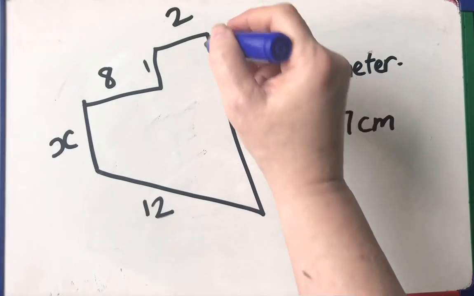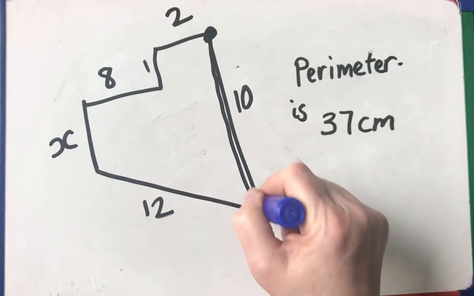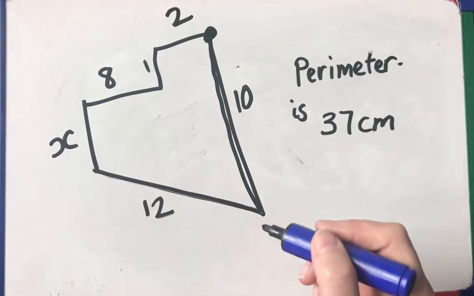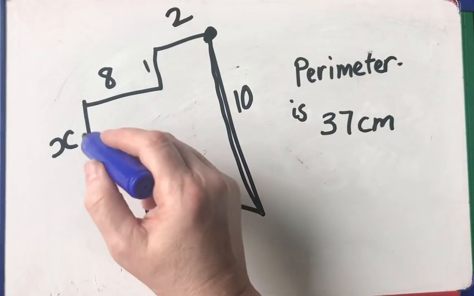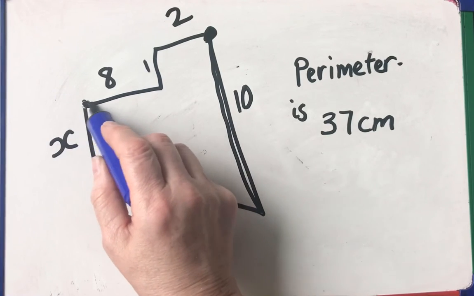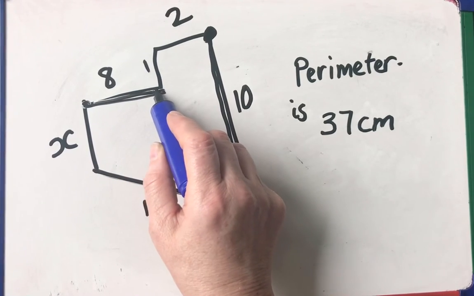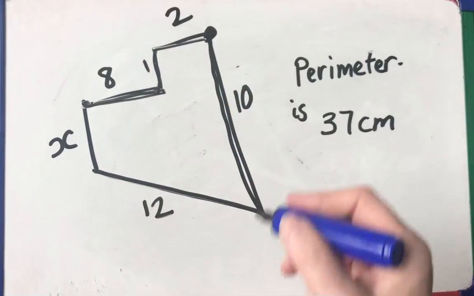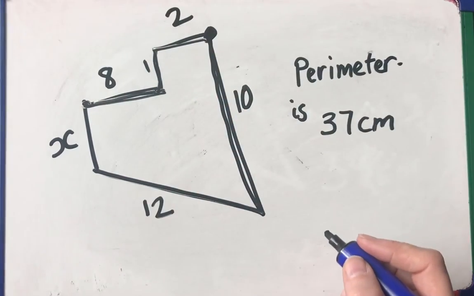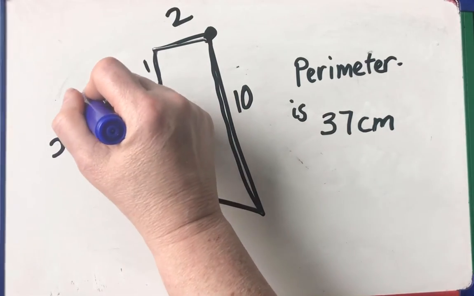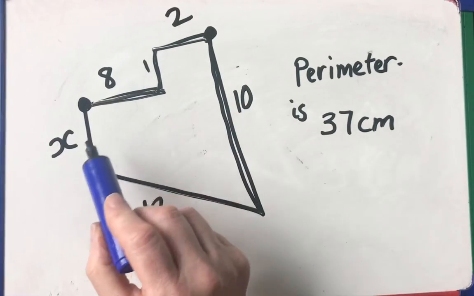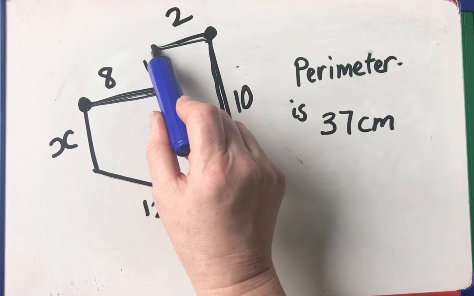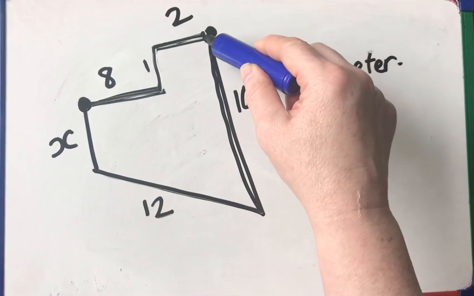Well, let's have a look. Starting here, 10 plus 12 is 22. Don't know what that is. 22 plus 8 is 30, 31, 32, 33. Actually I should have started here, shouldn't I? I'll show you why I want to change my mind. 8 plus 1 is 9, 10, 11.